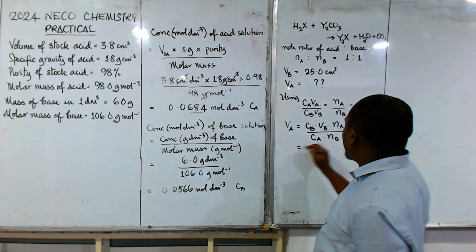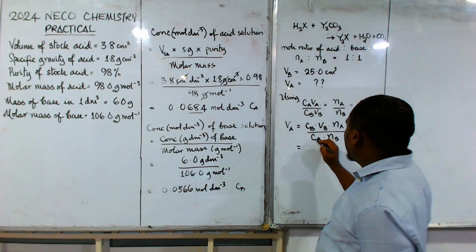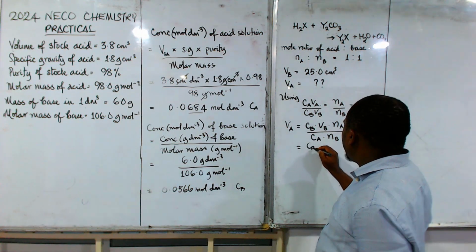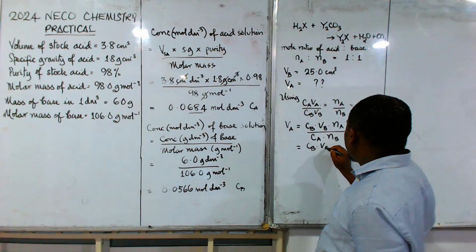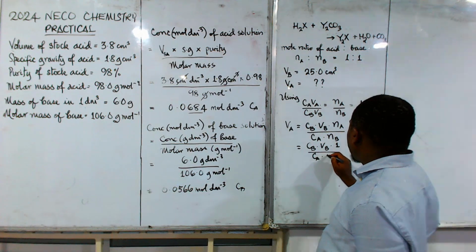And what are Na and Nb? 1. So we are going to replace that. That will be Cb Vb times 1 all over Ca times 1, right?